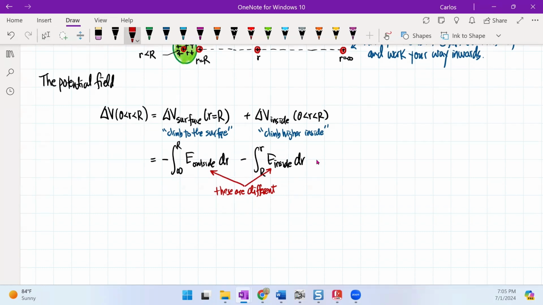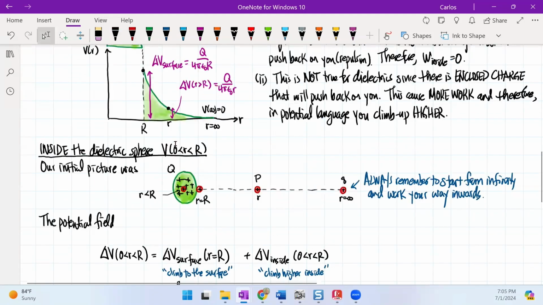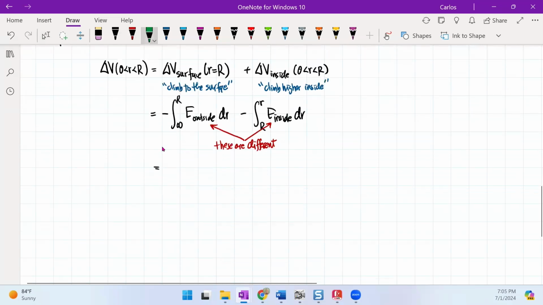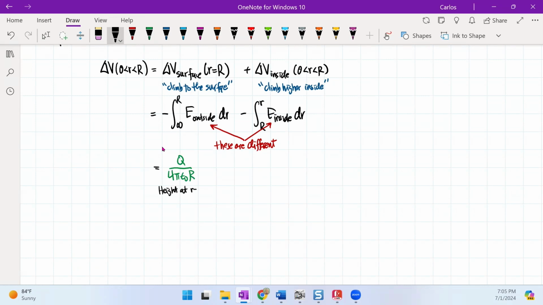Now note, from infinity to R, we've already calculated this. I drew this in green, so I'm going to continue to draw it in green. This is the contribution from the field from infinity to big R. So this represents the height at r equals big R.